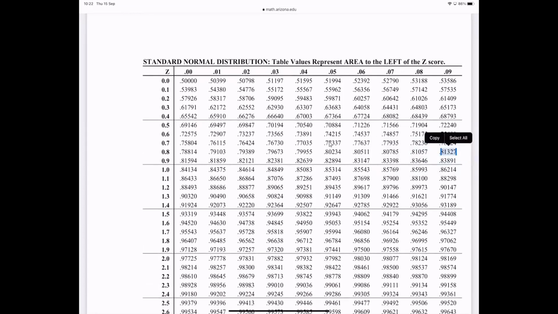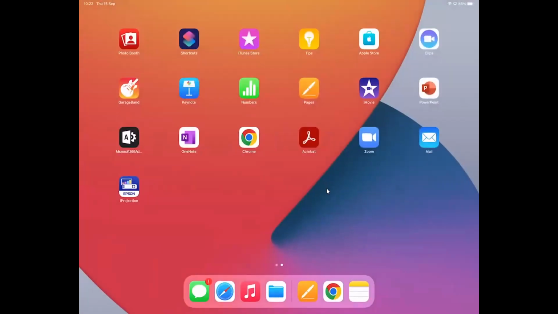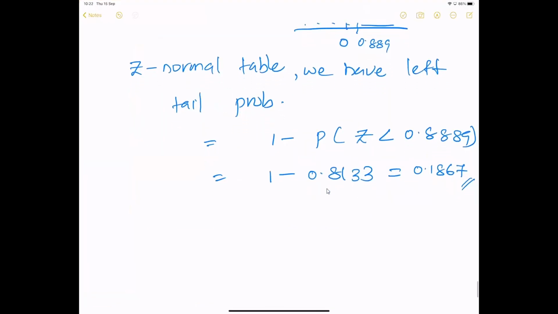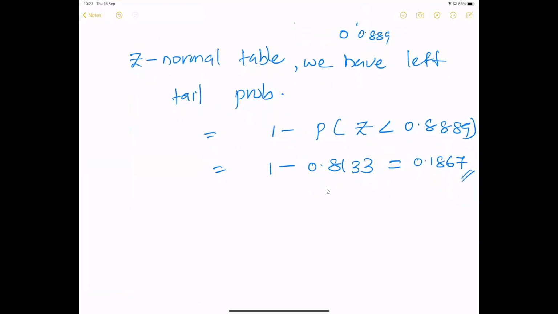This way, so 1 minus 0.8133, that one is 0.1867. Therefore the answer should be this one.